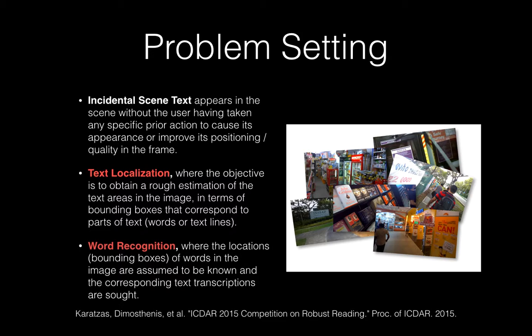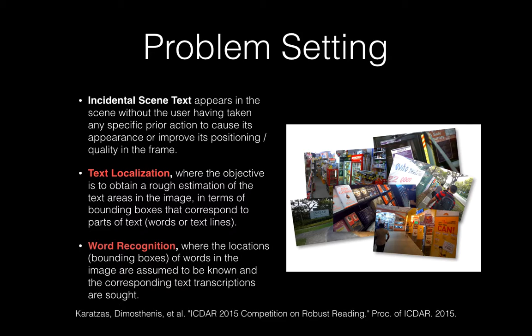In 2015, they set the challenge of incidental text, which I explained before. Look at these pictures. Can you recognize where the text is and what it is saying? Yes, we can, but a machine cannot. So how can we deal with this?